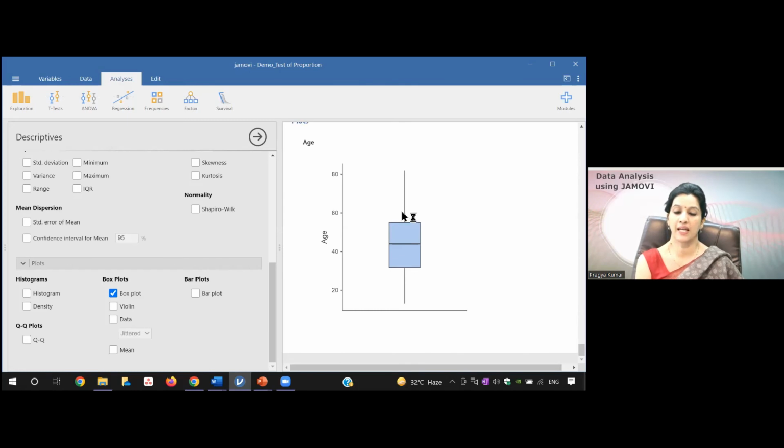So the length of the whisker depends on the range of values in the data set, and that's why, depending on that range, the length changes. If there are any values above this 1.5 interquartile range, they will pop up here. But if there are no values above 1.5, then the whisker might end earlier.